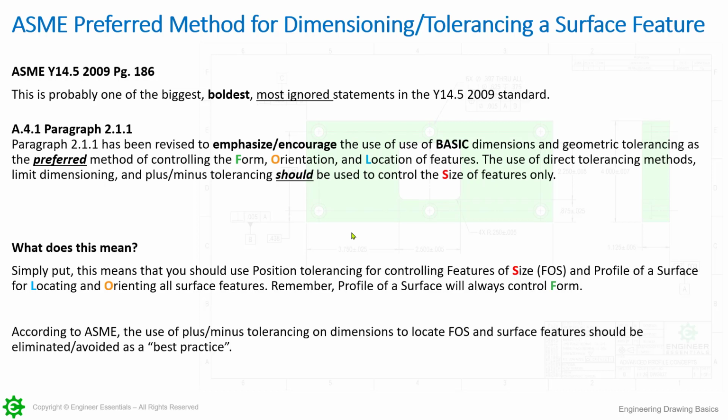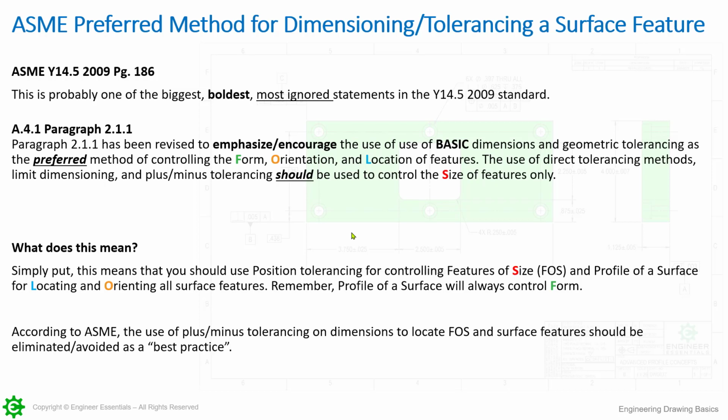Now, again, what they've listed in 2.1.1 is that they're trying to emphasize or encourage the use of basic dimensions. It's not that it's mandatory, but when they put something like this in the standard, they are trying to prepare everybody for something that's going to come in the future.